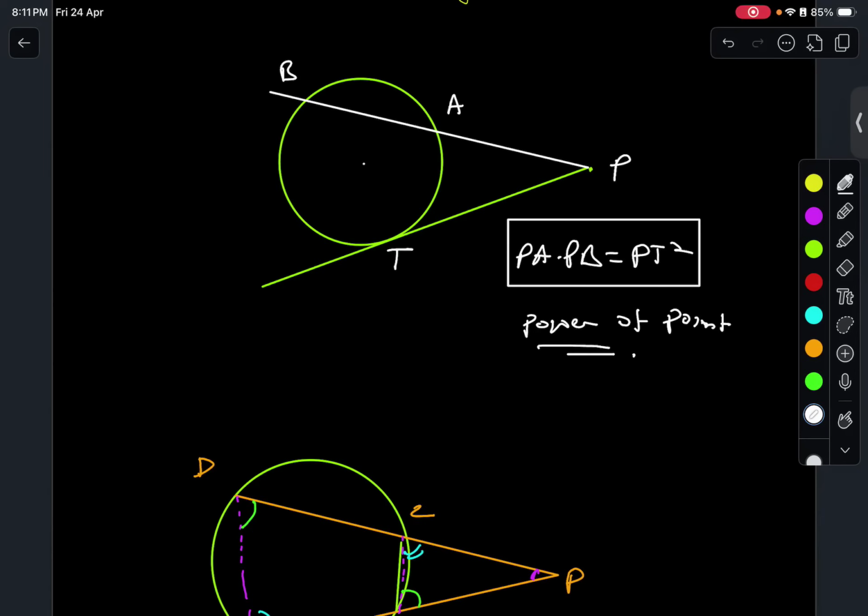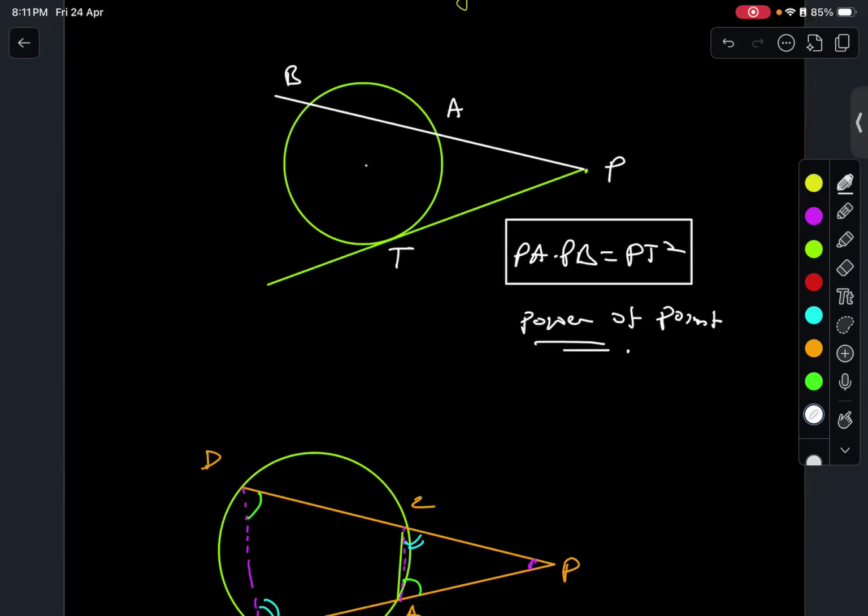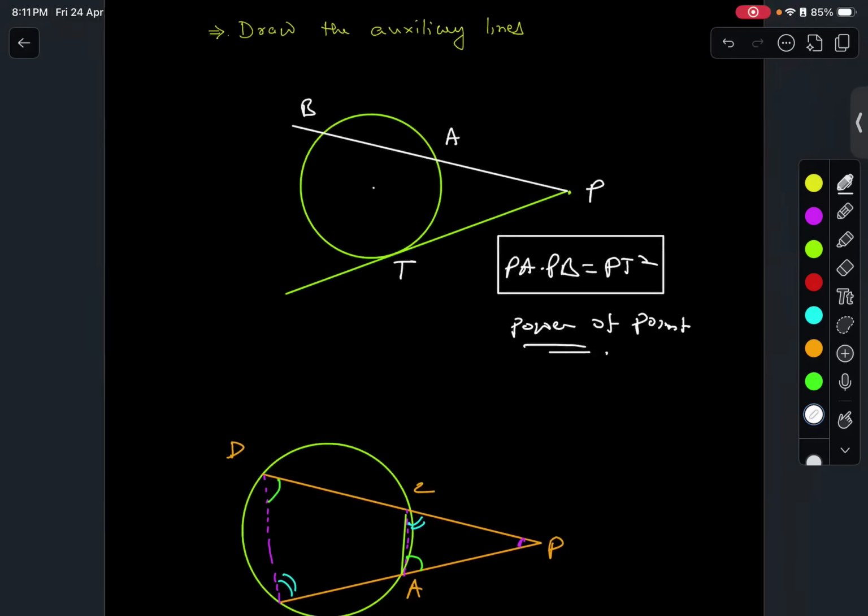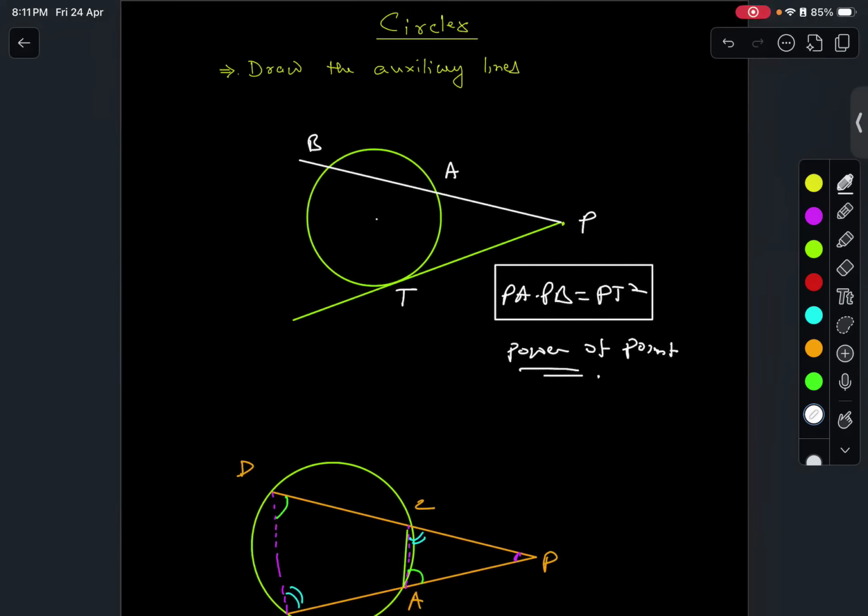But before that, I'll show you some of the constructions, if triangles are given, because what I have to teach is when we have to draw the auxiliary lines and circles.